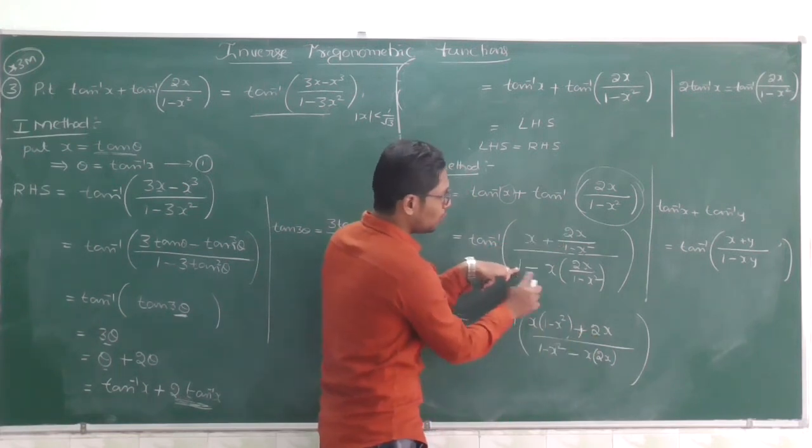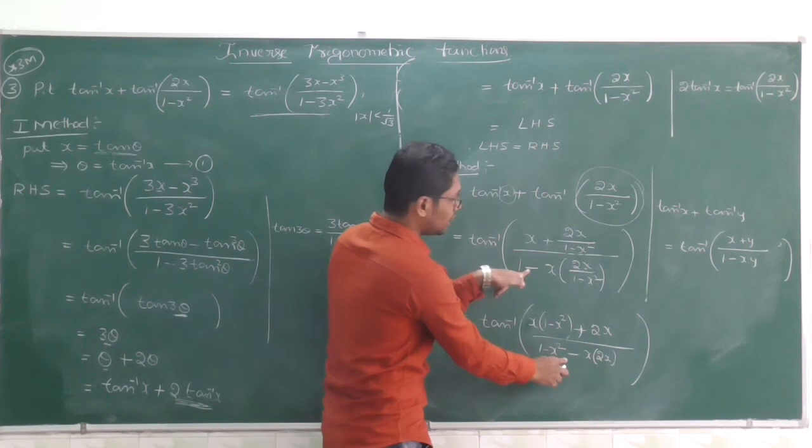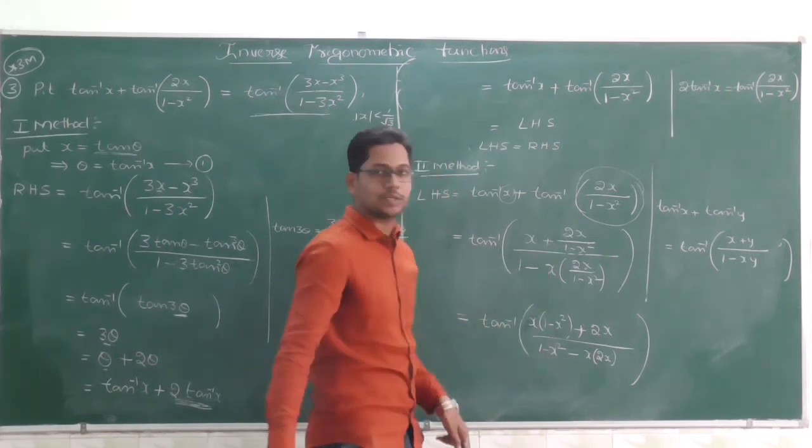In the denominator, 1 into 1 minus x square minus x into 2x.